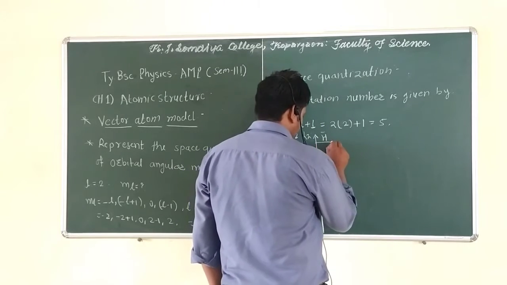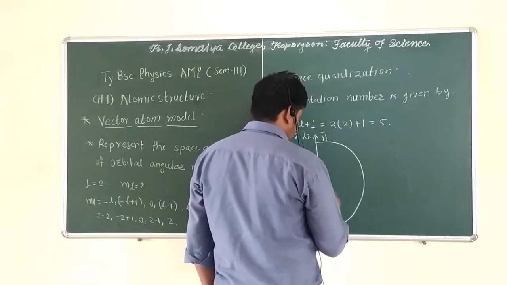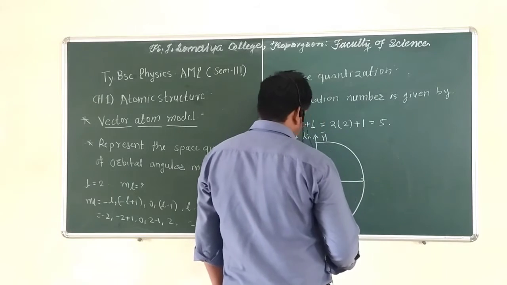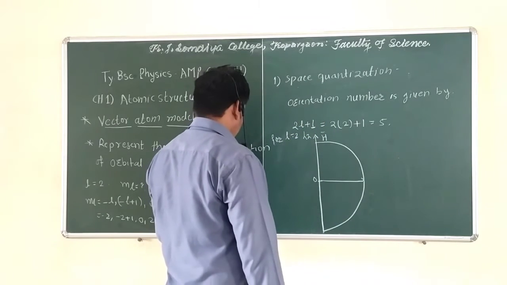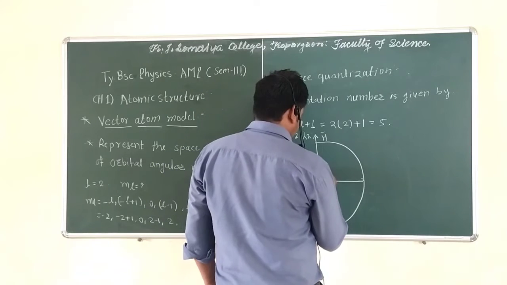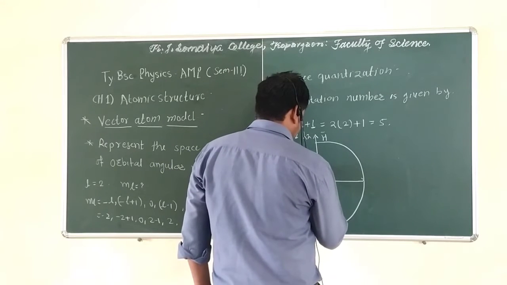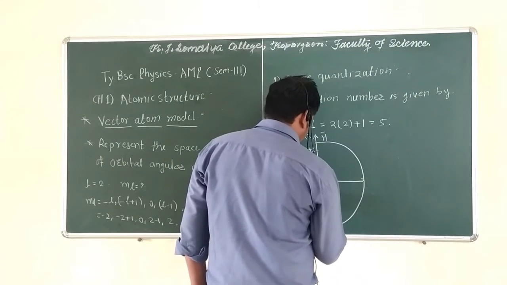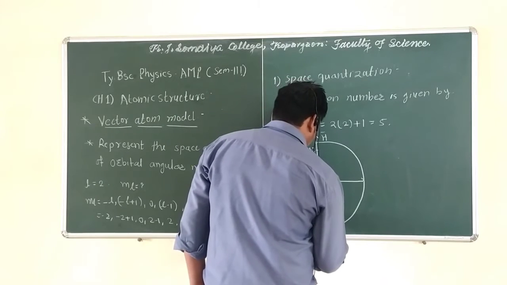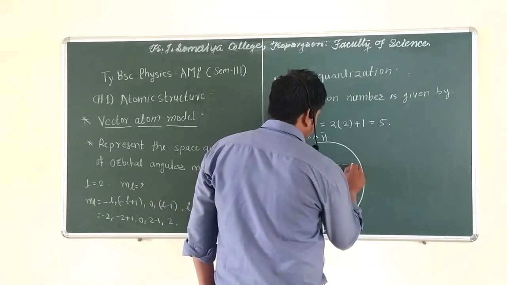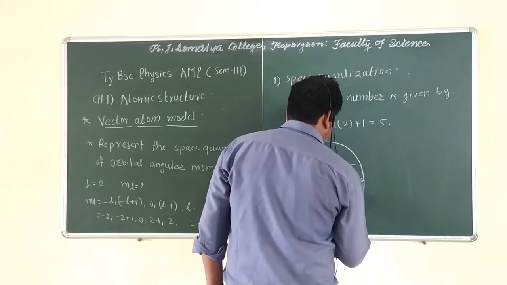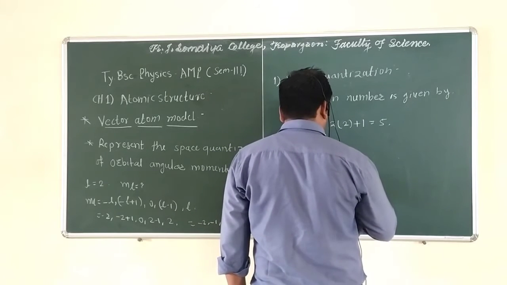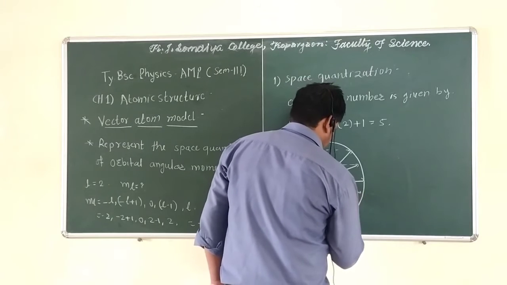Starting from the middle, 0 is there. The plus values are above 0: plus 1 is here, plus 2 is here. And minus 1 is here and minus 2 is here. This gives the space quantization figure for L equal to 2, the vector diagram of the space quantization.